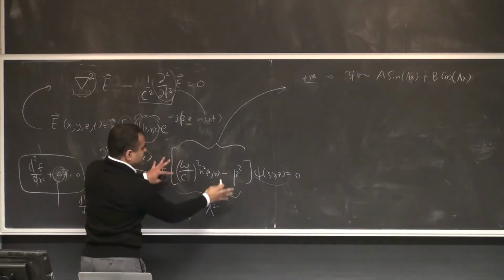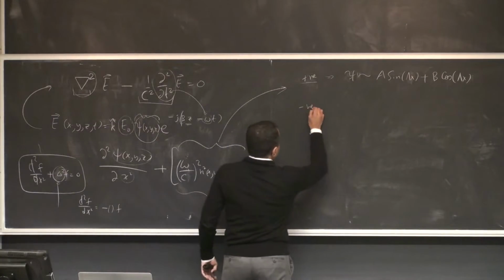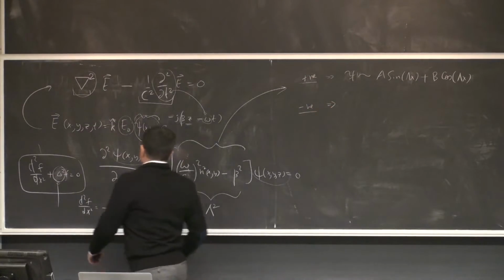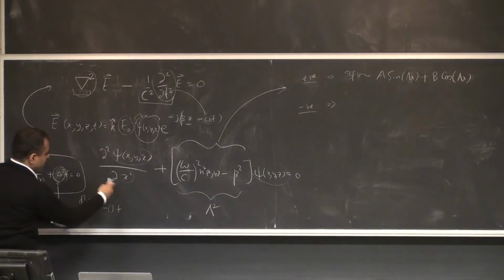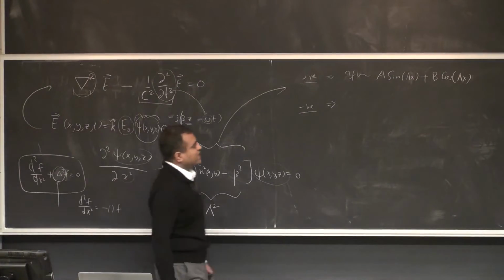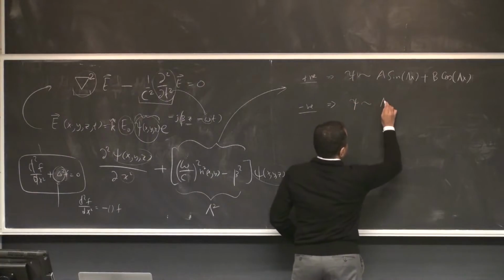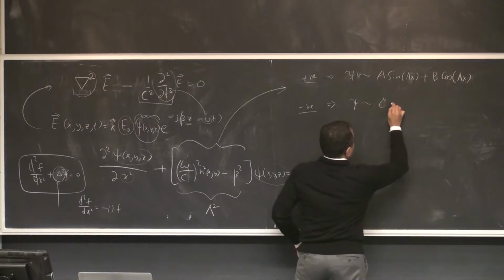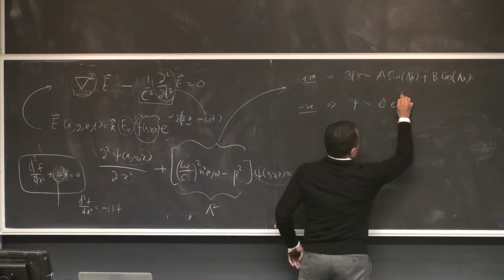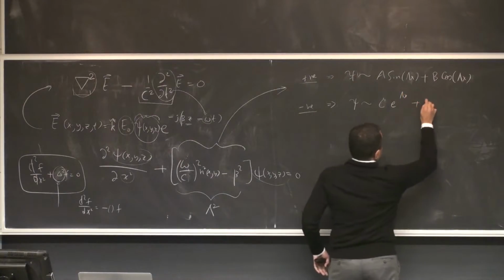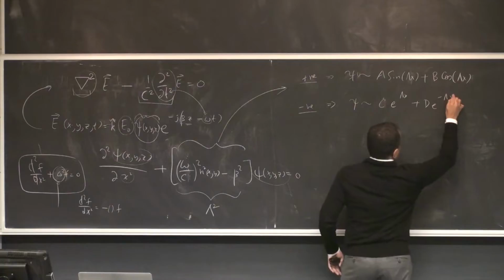Whereas if this thing is negative, then take it to the other side, it becomes positive, and you get a cosine hyperbolic or sine hyperbolic. So that psi would look like maybe c e to the power gamma x plus d e to the power minus gamma x, something like that.